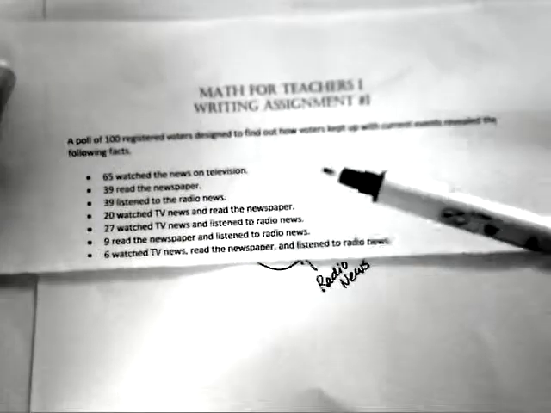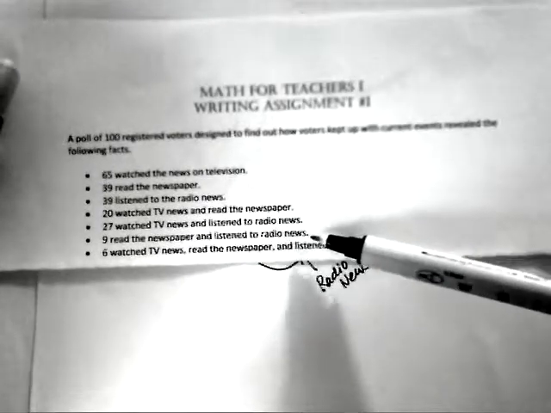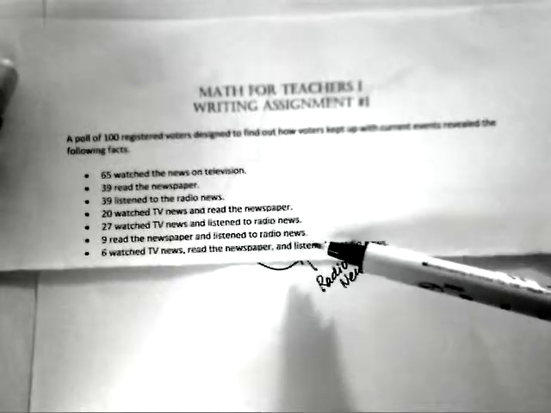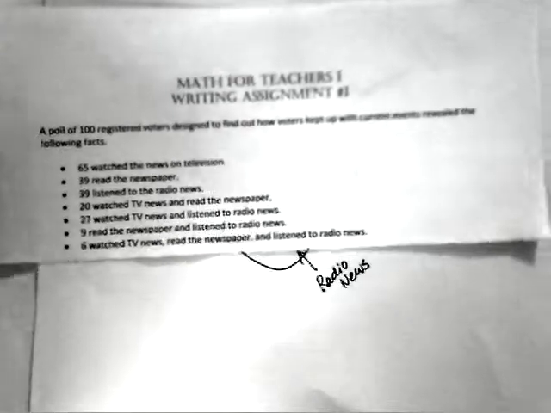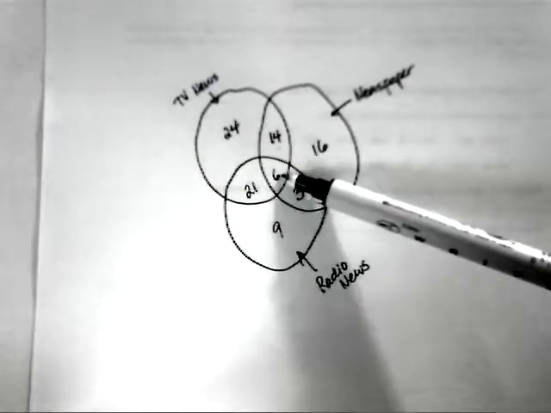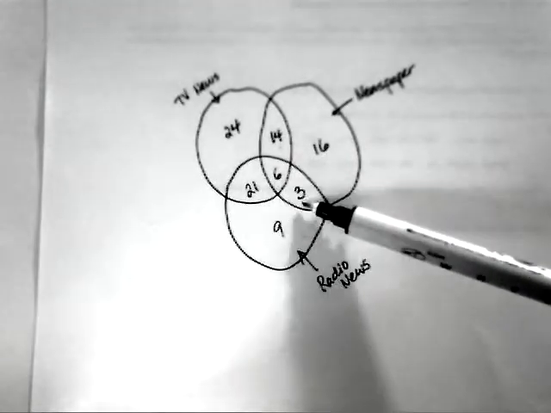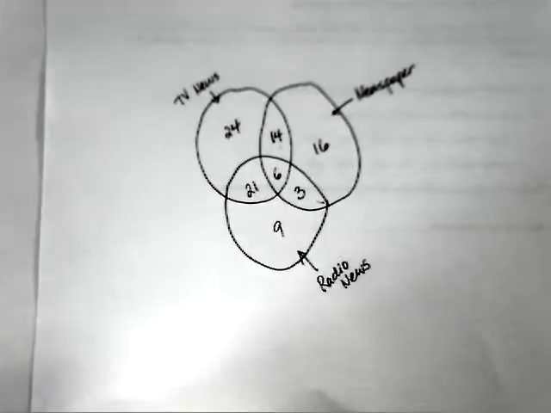If it had the word only in these situations here, then you would put those numbers there. But since it doesn't have the word only, you're going to have to do some subtraction, taking this number from those three numbers, and then start filling them in one by one. Okay, so that's how we do the Venn diagram.